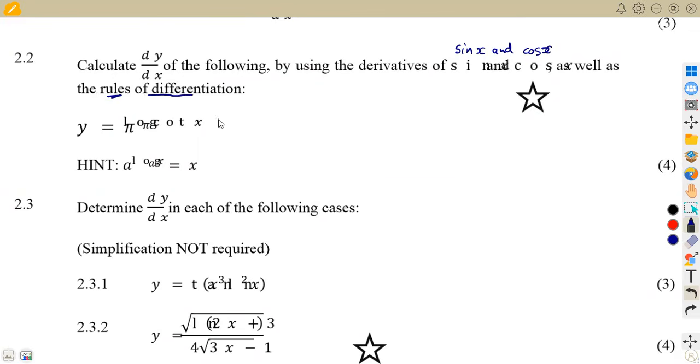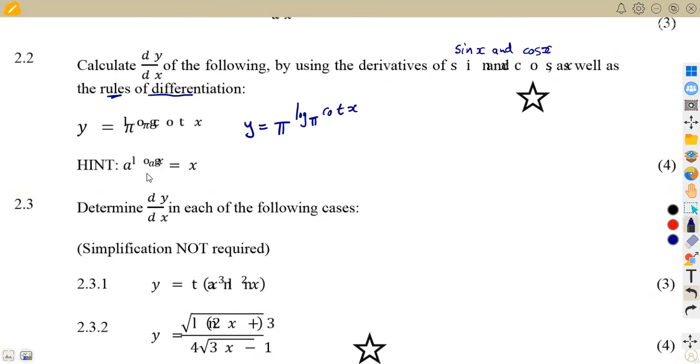We do not know which rule exactly we are going to use. We are given that y is equivalent to pi to the exponent of log of cot x in base pi. So this is what you're given.